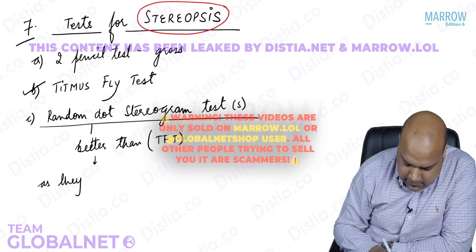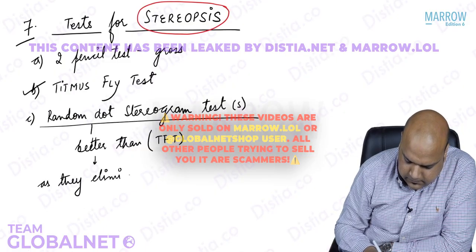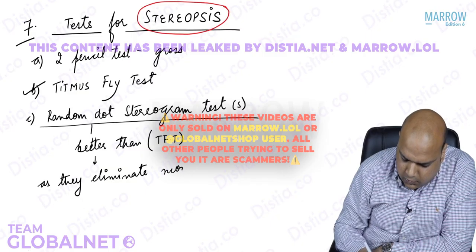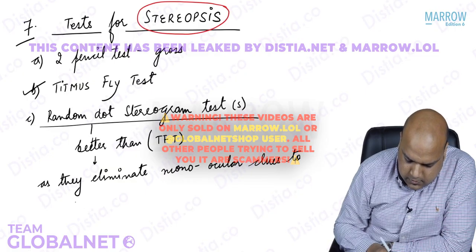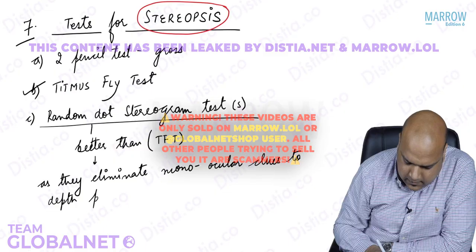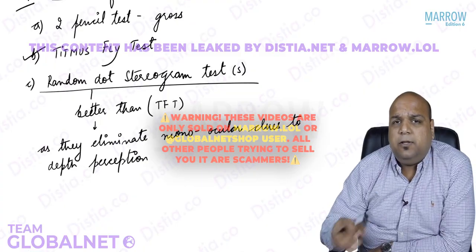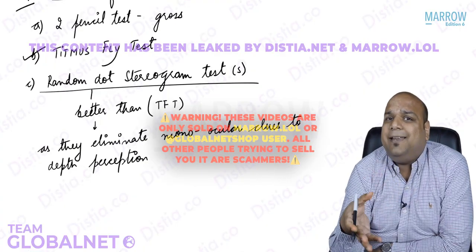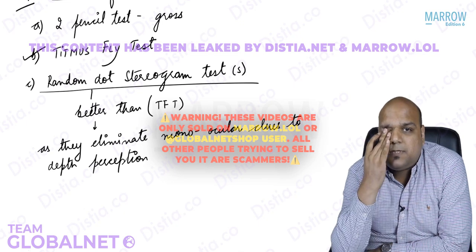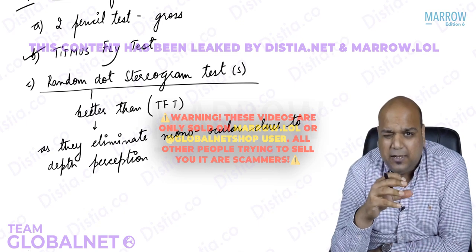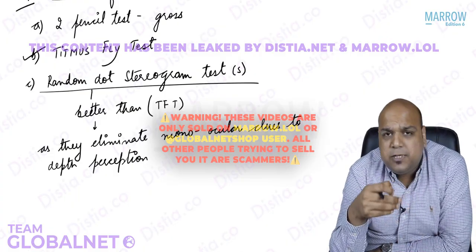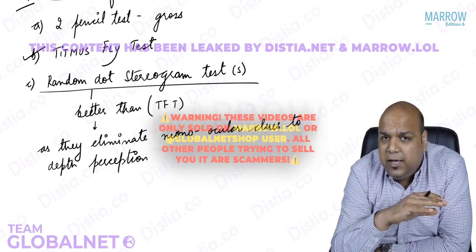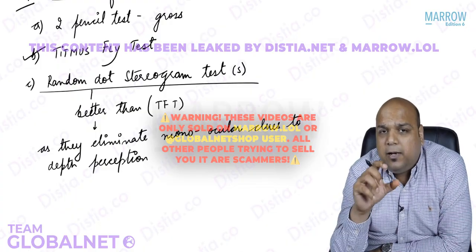As they eliminate monocular clues to depth perception. Okay. So even though we say depth perception is a function of binocularity, but let's say we have a patient who has lost his one eye, still they can perceive a little bit of depth. There are something called as monocular cues of depth perception. Random dot stereogram tests are better because they absolutely eliminate these monocular clues and they only rely on the binocularity.